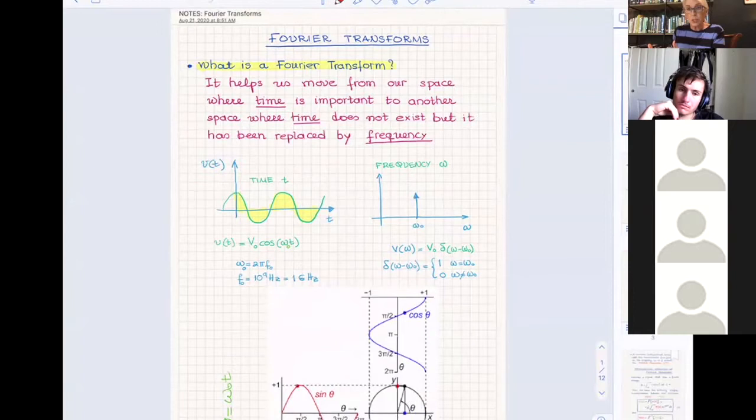We always solve circuits in the phasor domain, but we have to understand Fourier transforms because a lot of the devices that we are going to design will have different performances at different frequencies. So they will have some kind of frequency response.